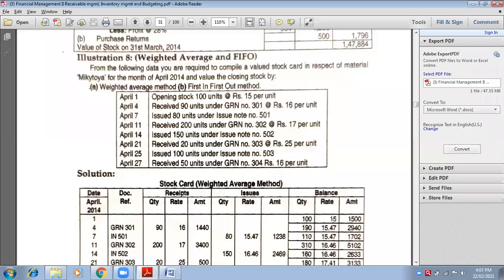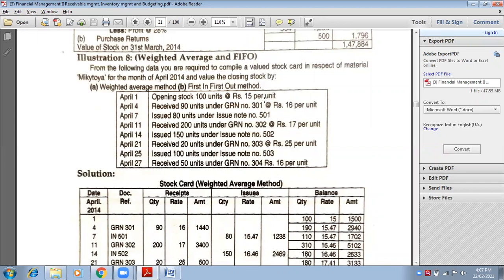Okay. Now under the date column, write down April 2014 just below the column of date. Shall we start? Yes, ma'am. April 1st, opening stock 100 units, 15 per unit. Write down which column: receipt, issue, or balance? Ma'am, balance column.